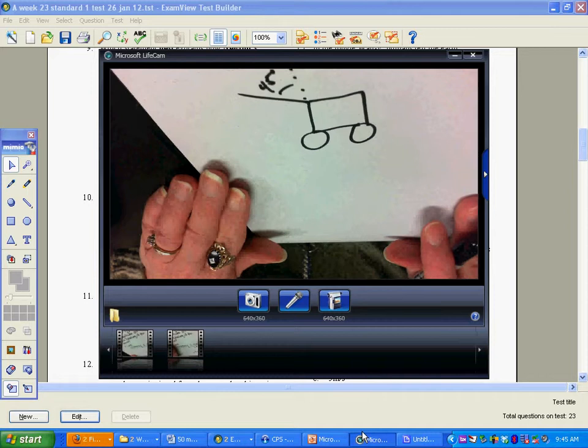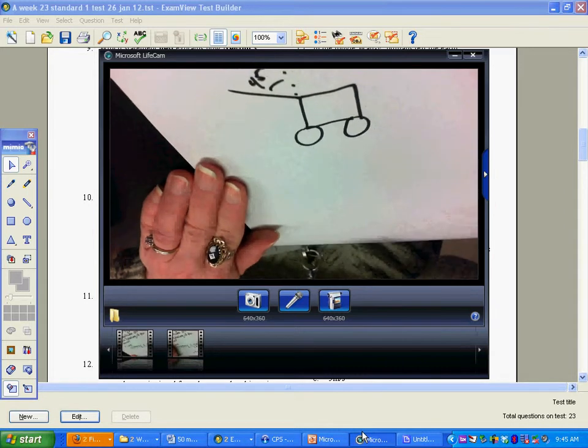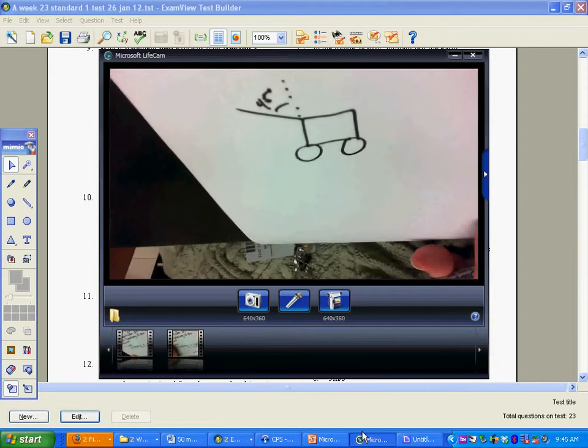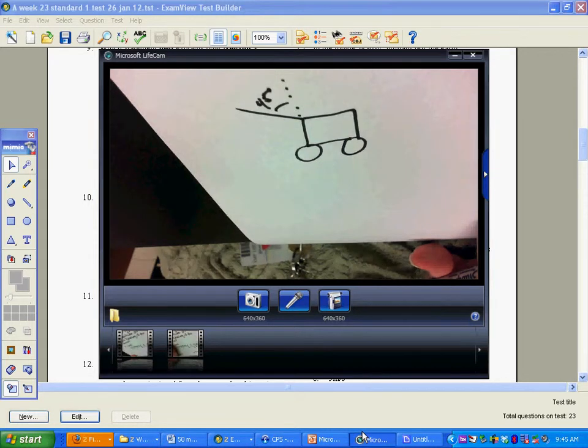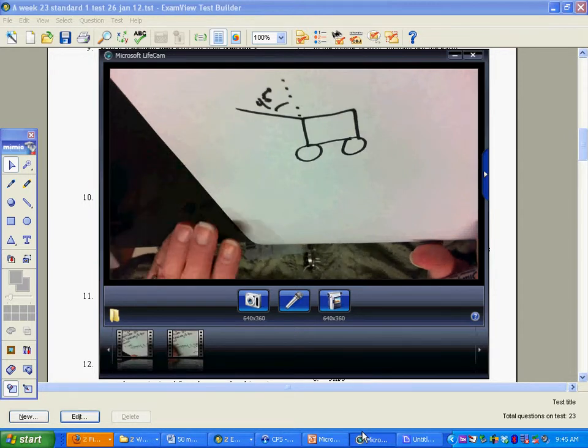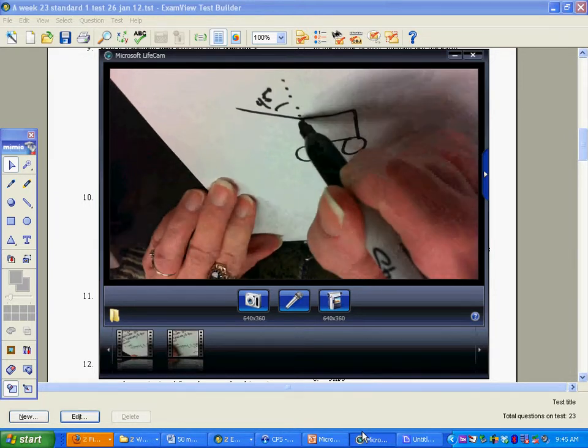Okay, so we've got a shopping cart here. And she's got a 45-degree angle.